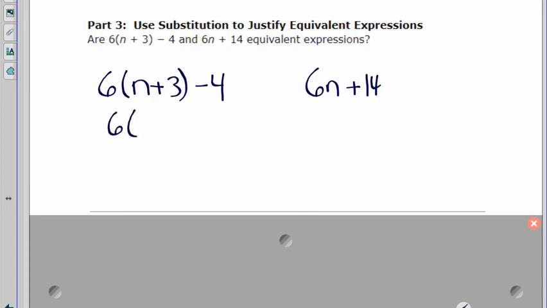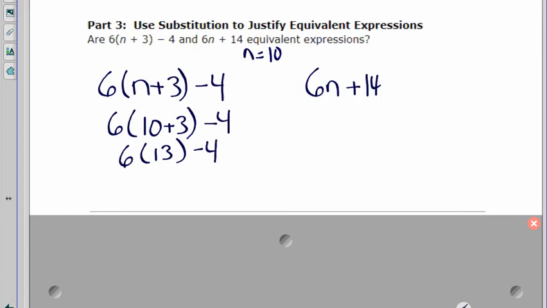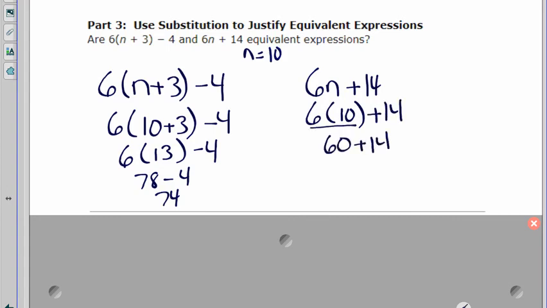If I put in 10, that's going to be 6 times 10 plus 3, minus 4. I get 6 times 13 minus 4, and that's 60 plus 18 is 78, minus 4 is 74. If I come here, it's 6 times 10 plus 14. That's 60 plus 14. I get 74, and they're the same.